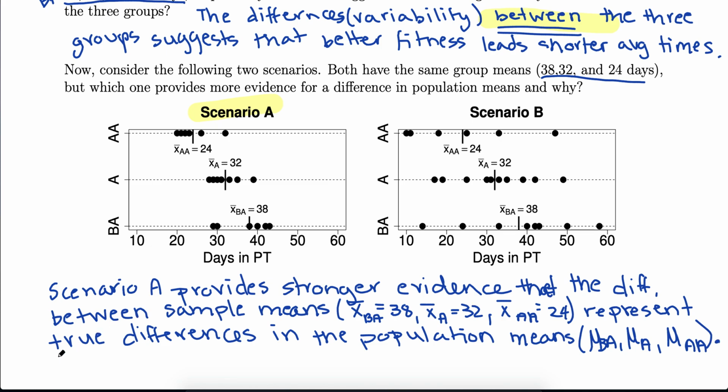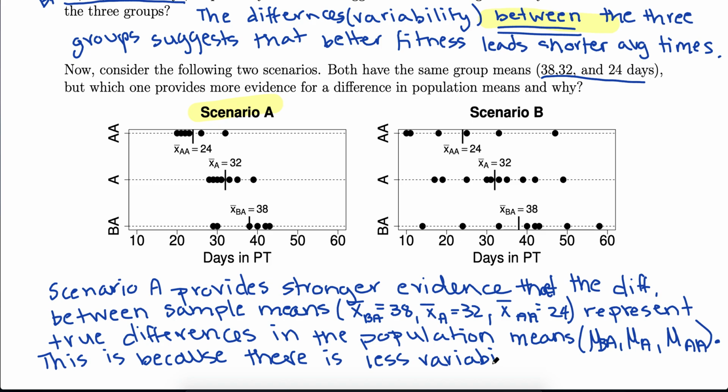And let's write down our reason. I'll say this is because there is less variability. Again, we measure variability by the variance, hence analysis of variance. So there's less variability within, another key word, each of the groups.